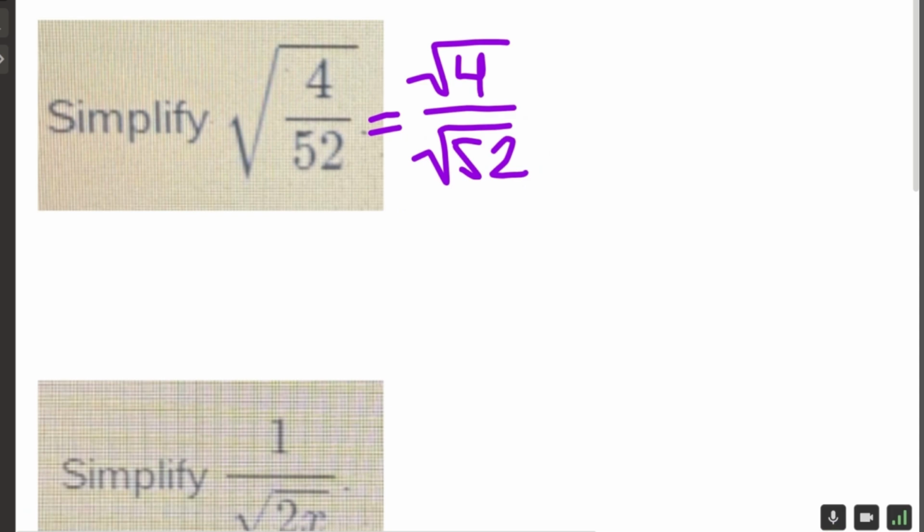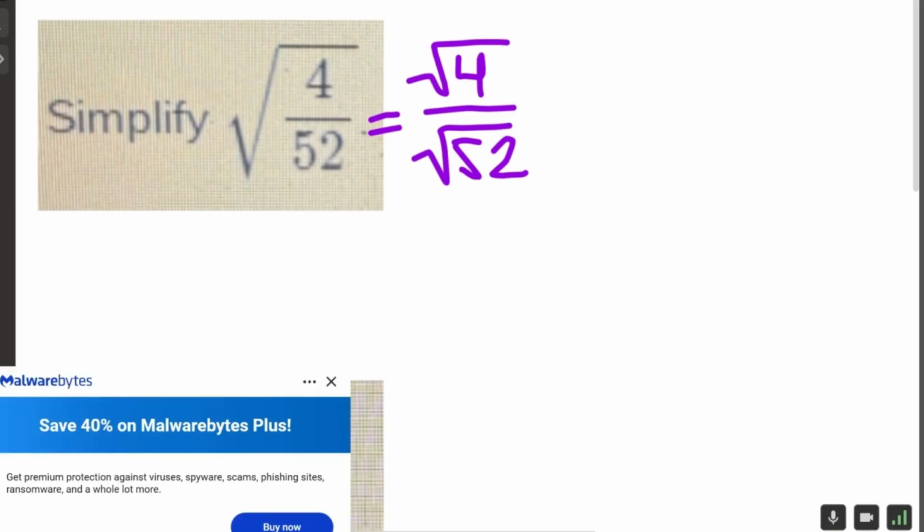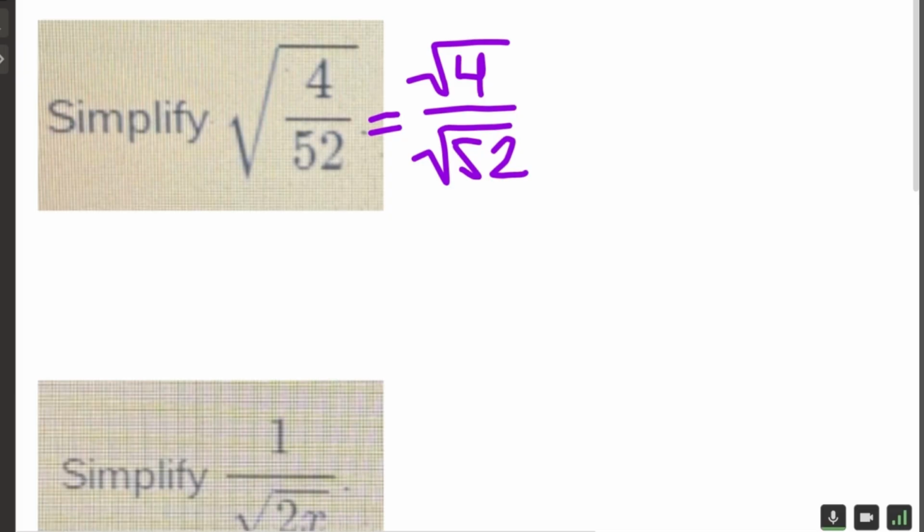What's that mean? We want to get the square root out of the denominator. If it's in the numerator, it's fine. If it's in the denominator, that's a no-no. Math people don't like radicals in the denominator.